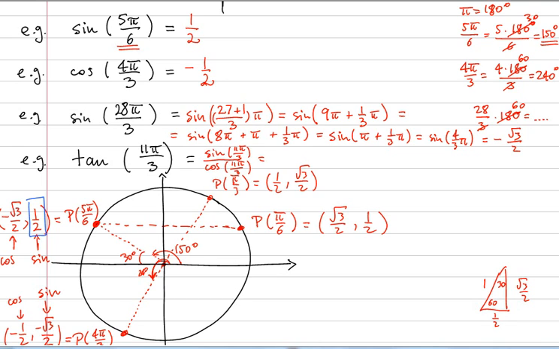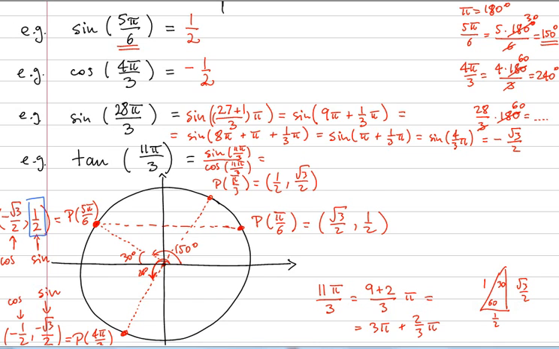So we have to find where 11 pi over 3 is. So the same thing: I'll take the nearest multiple of 3 to 11. So that's 9. So I'll split this 11 as 9 plus 2, over 3 pi. And that's going to be 9 over 3, which is 3 pi, plus the leftover 2/3 pi.